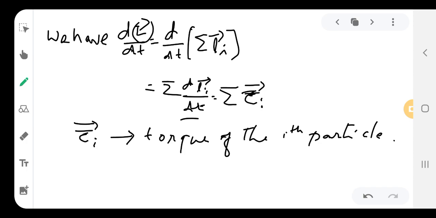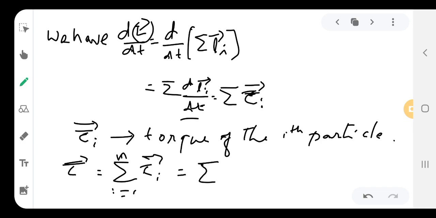And again we can go on substituting: the summation, i equal to 1 to n, of tau i vector.